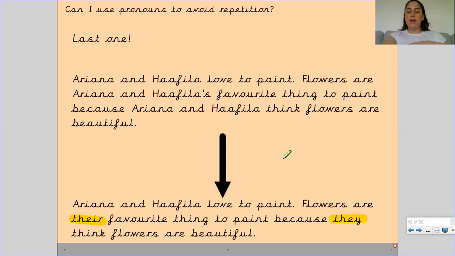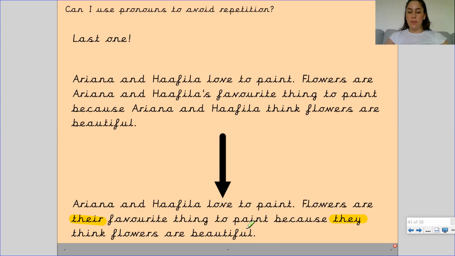Now, is there another noun that's being repeated in this sentence? Have you noticed that also flowers are repeated twice? However, when we read the sentence, let's read it together and see whether we really do need to replace the flowers with another pronoun. Ariana and Hafila love to paint. Flowers are their favorite thing to paint because they think flowers are beautiful.